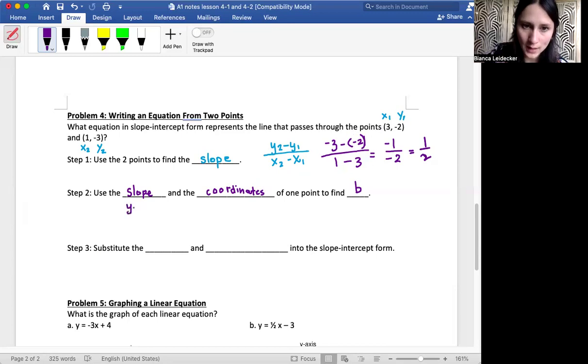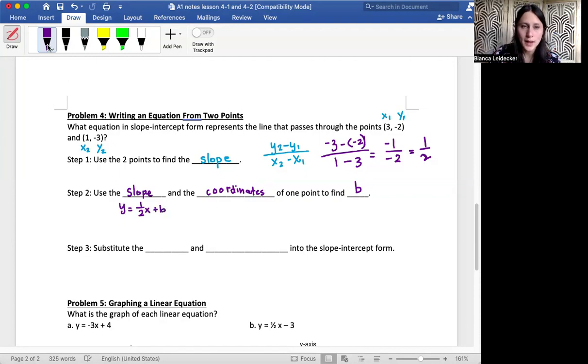I'm going to write y equals mx plus b. But instead of writing m, I'm going to replace it with the slope. So originally, I'm going to have y equals 1/2 x plus b.